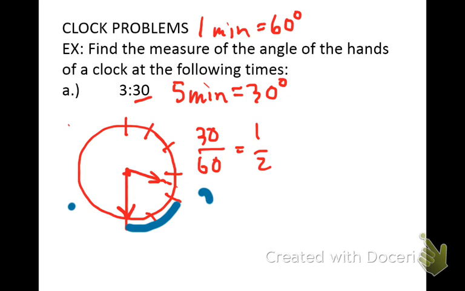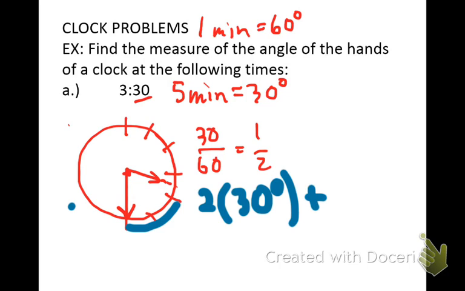So I'm going to take 2 times, we know 5 minutes is 30 degrees, 2 times 30 degrees, plus, then we have to add in this fraction. So we know it's half of 30 degrees, right? So it's going to be plus 1/2 times 30 degrees.